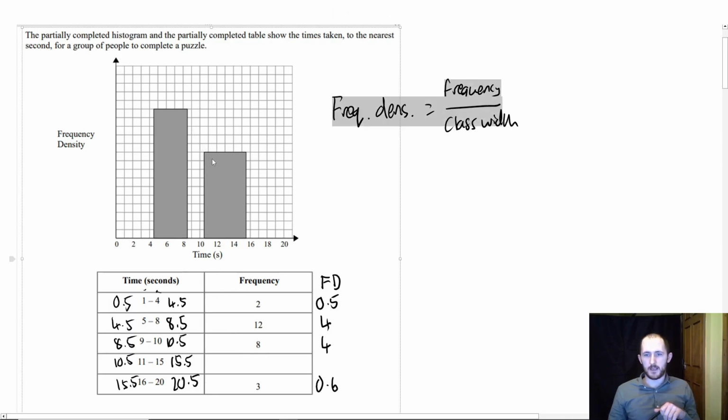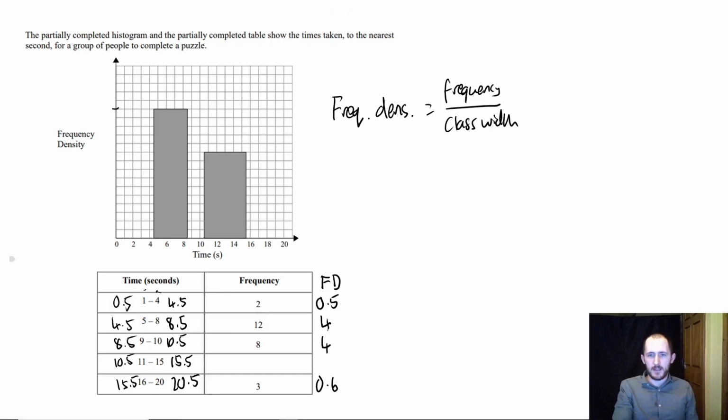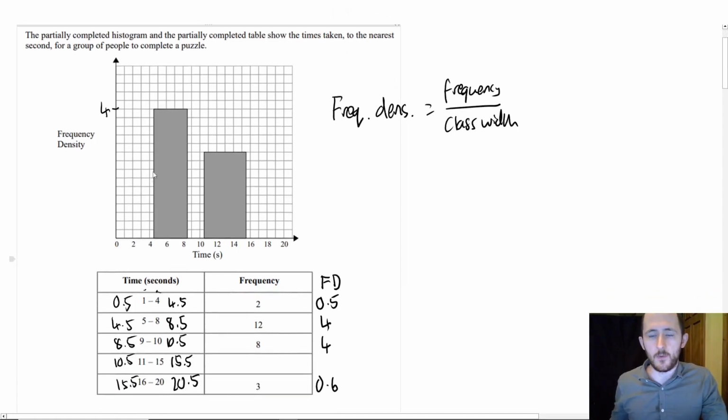What we will need to work out is the frequency density of this middle class here, which is the one that represents 10.5 to 15.5. So if we think about how we can do that, we need to know what this graph goes up in. If we look at this bar here, that's 4.5 to 8.5, that's this one. So this frequency density up here is 4. Now we're just going to count the number of squares, and divide 4 by the number of squares in order to get how much is in each.